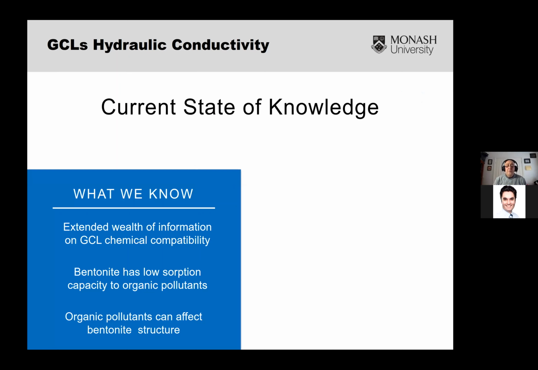So there's a wealth of information on chemical compatibility. And as a matter of fact, GCLs have been investigated very thoroughly for the past 10 to 15 years, past 2 decades. So we have accumulated a lot of knowledge on the performance of GCLs in various applications.